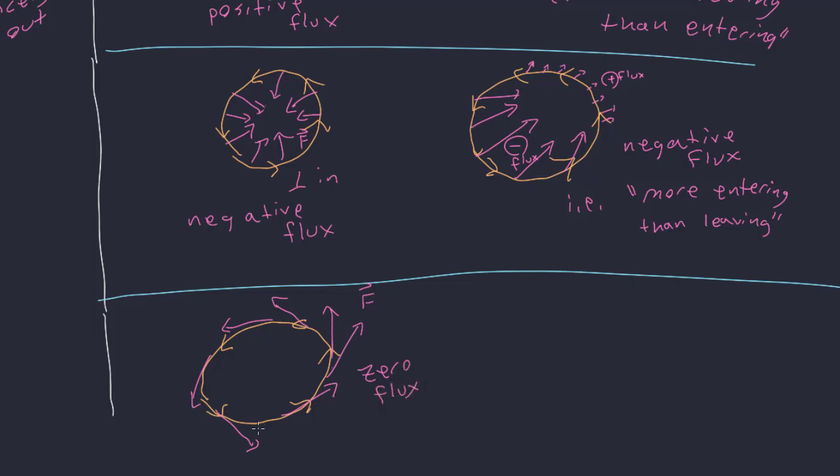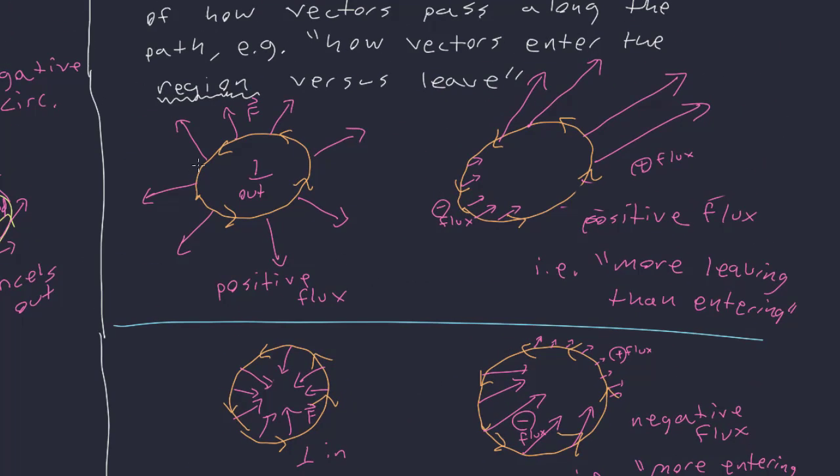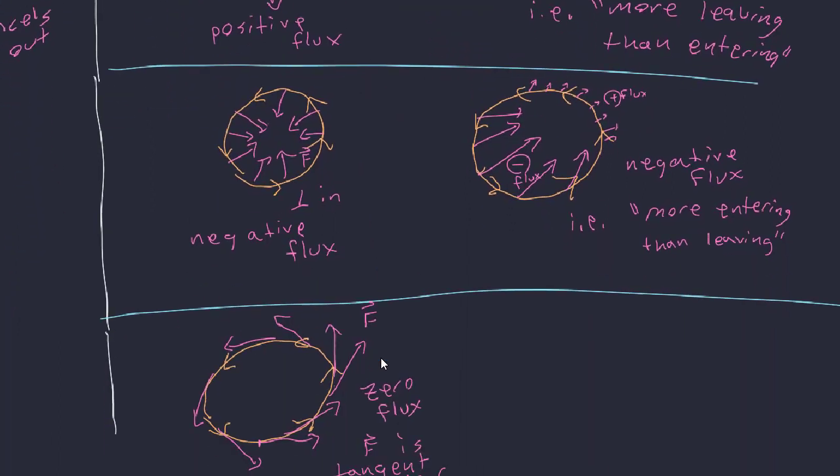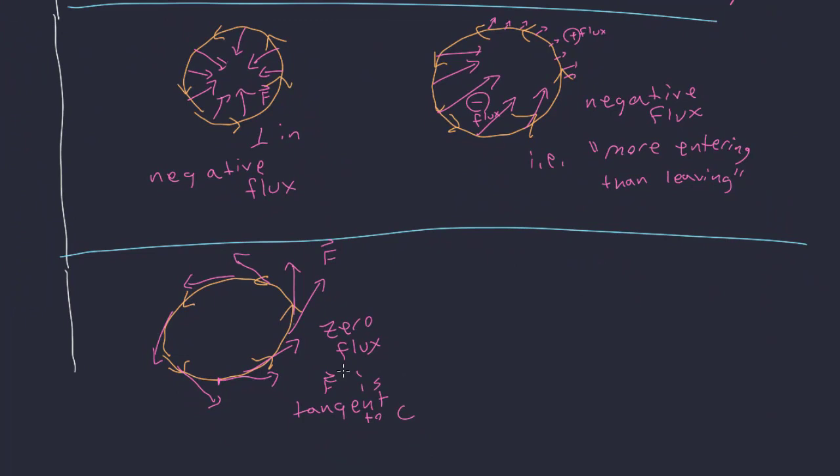The entire path is tangent to F. So F is tangent to C. In other words, this would actually give us a positive circulation, however, it will give us zero flux. Notice here, this gives us a positive flux, but would give us zero circulation. Those ideas aren't always opposites, but they're certainly counter to one another.